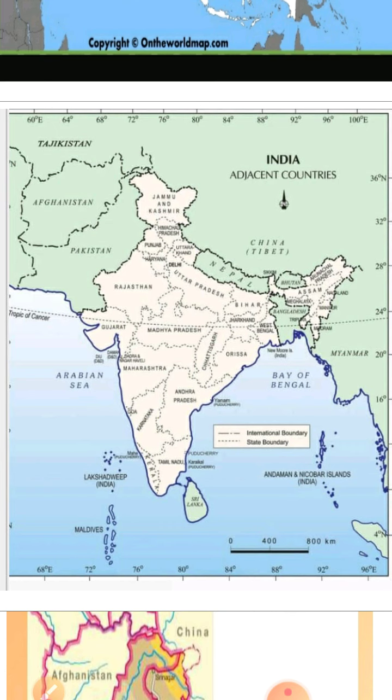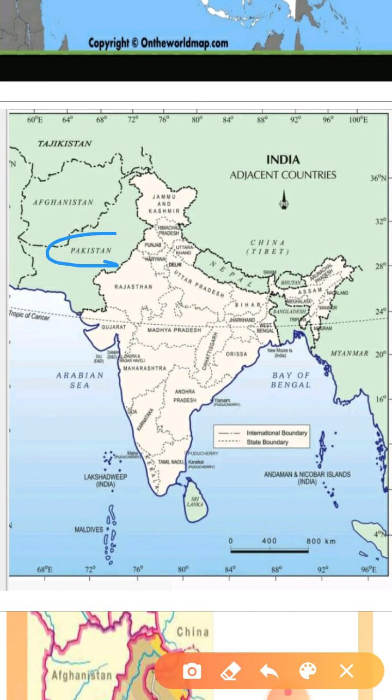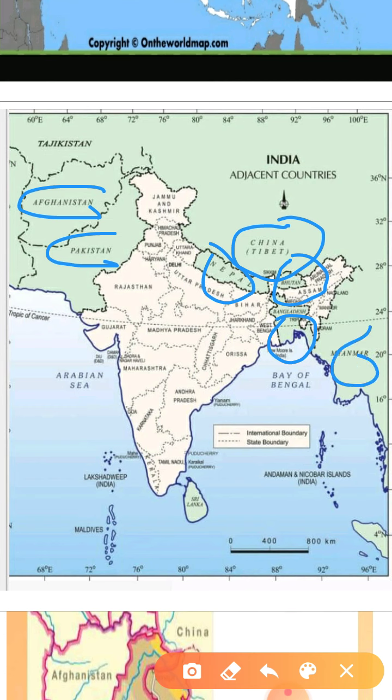One type shares a boundary with India, like first Pakistan, then Afghanistan, China, Nepal, Bhutan, Bangladesh, and Myanmar. These countries join their boundary with India.